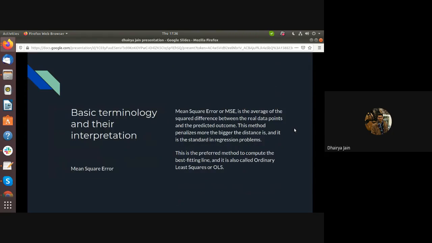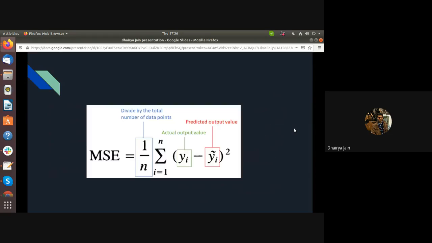Next slide, please, Rohit. So as I've explained, it's mean square error. It's the average between the real data points and the predicted outcomes. As you can see in the formula, it is a summation of all the yi, the actual outputs that we have got, and the yi bar is the predicted outcomes, and we'll be summing all these up and taking an average of them.